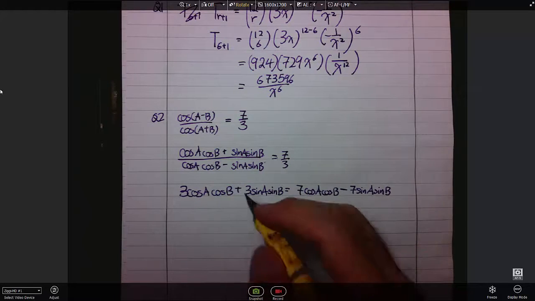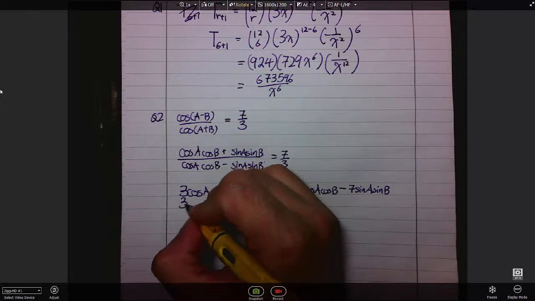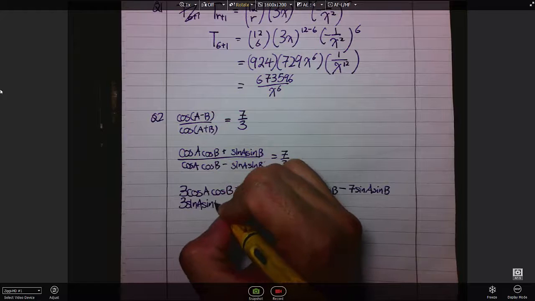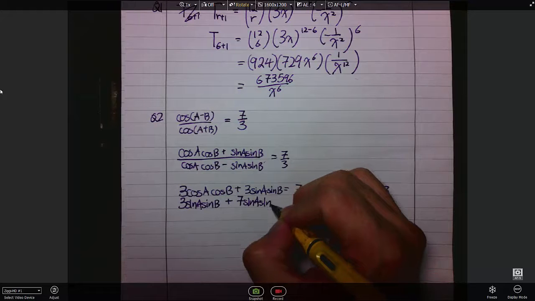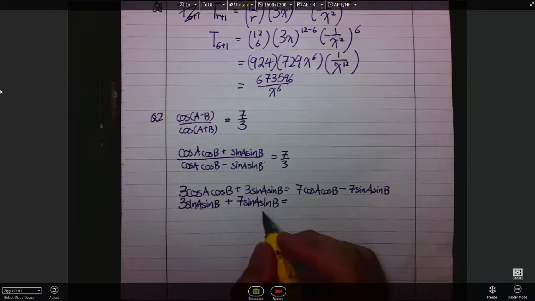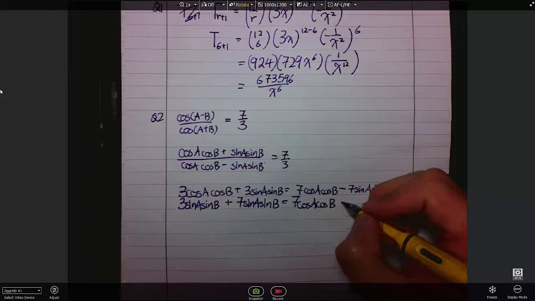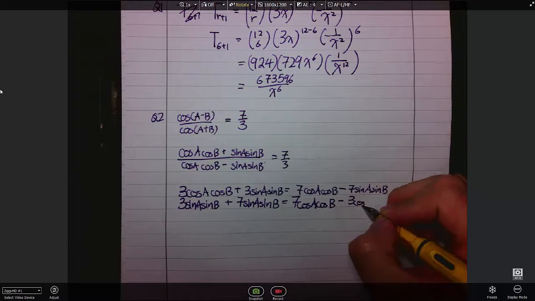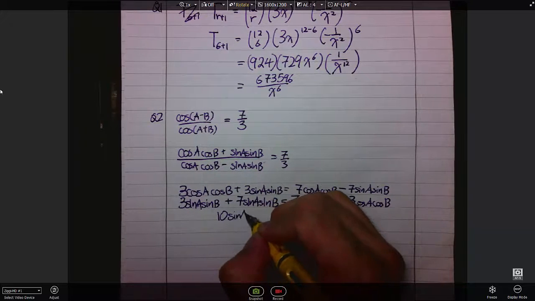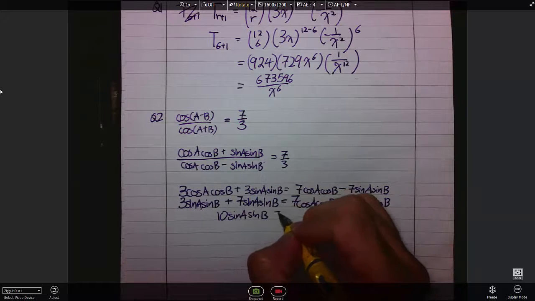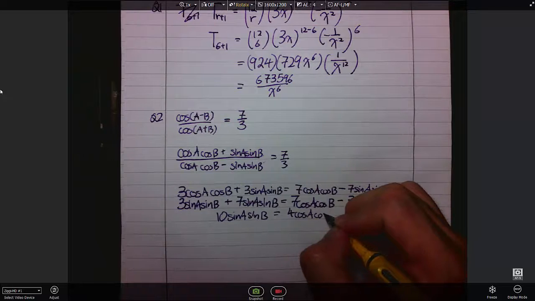If I collect all my sine A sine B on one side, I get 3 sine A sine B plus 7 sine A sine B is equal to 7 cosine A cosine B minus 3 cosine A cosine B. So I get 10 sine A sine B is equal to 4 cosine A cosine B.